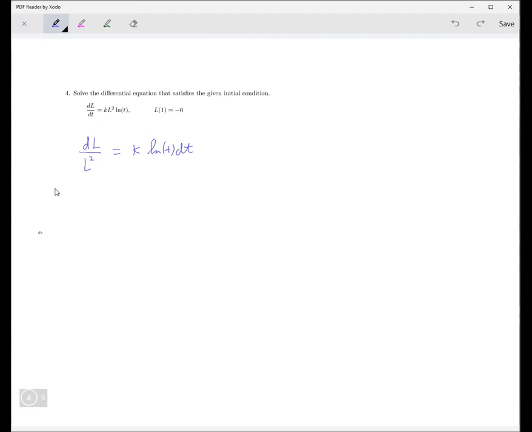Let me write this as negative L to the negative 2 dL equals K log T dt.